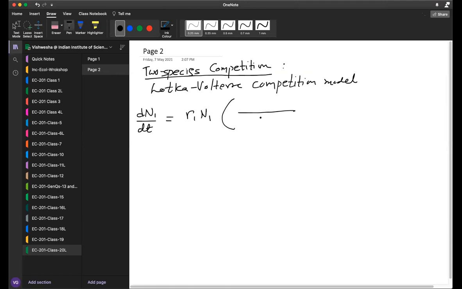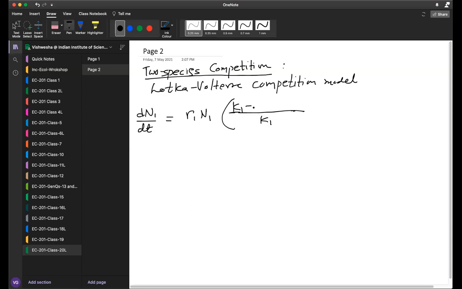The denominator will be K1. K1 is the carrying capacity of species 1. The basic assumption we made was, in the absence of species 2, species 1 grows logistically at an intrinsic growth rate R1, and then reaches a carrying capacity K1.